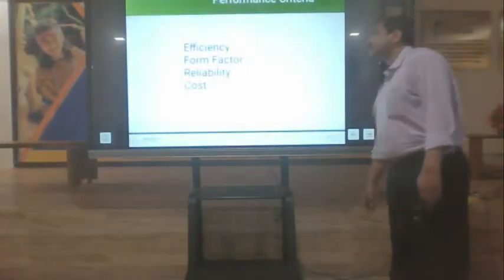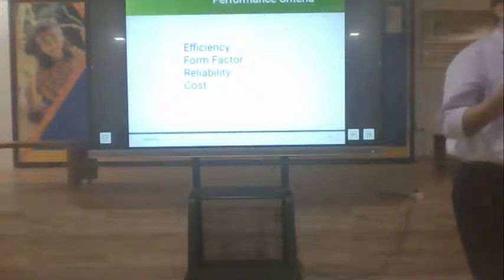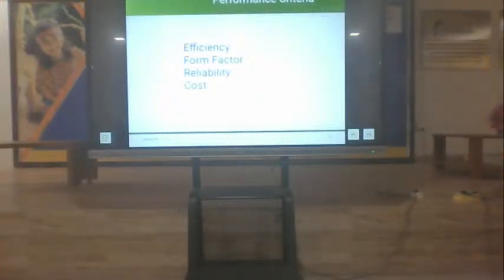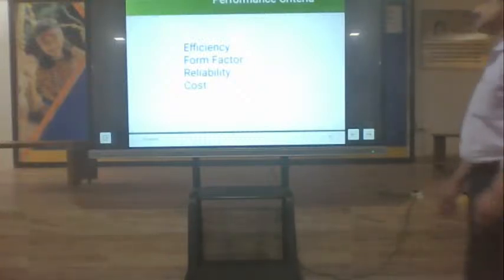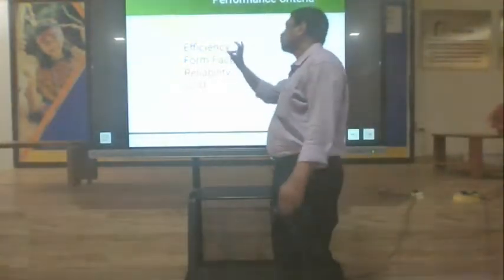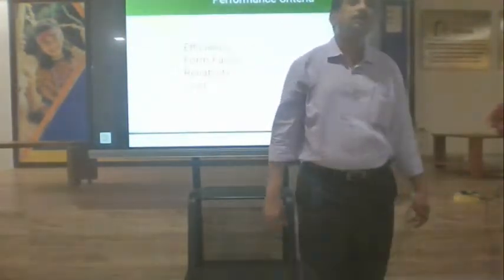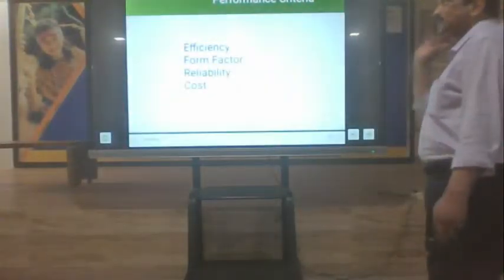So what is the performance criteria? Whenever you have a DC-DC converter, how do you compare two DC-DC converters? Which is good, which is bad? First thing is the efficiency. Giving a required output, how much input is being taken by the DC-DC converter? That is the first benchmark.